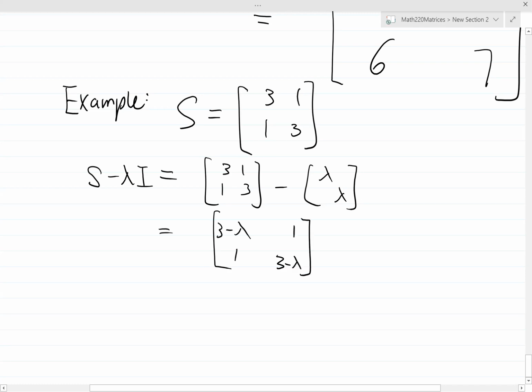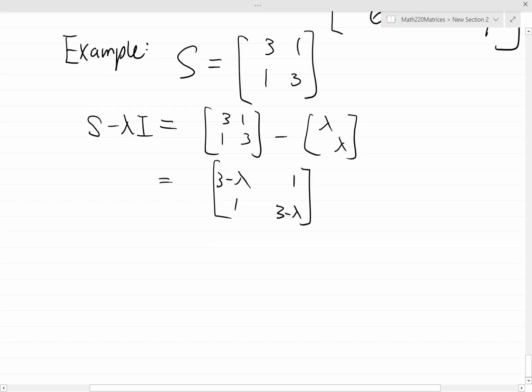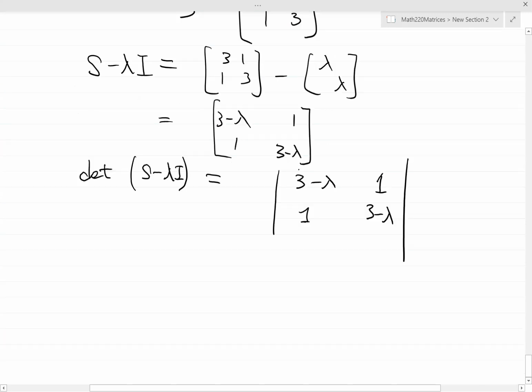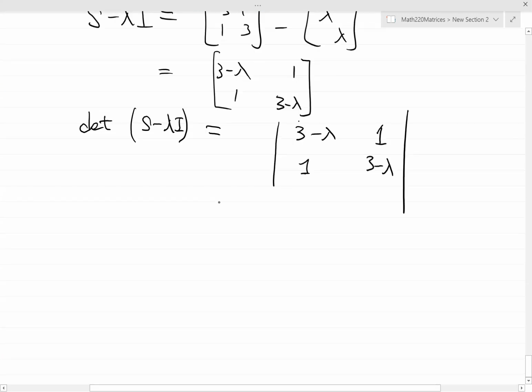So if you take the determinant, we use this notation. This gives us 3 minus lambda times 3 minus lambda.